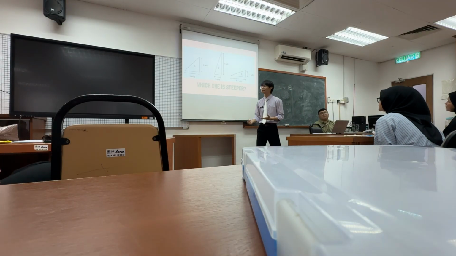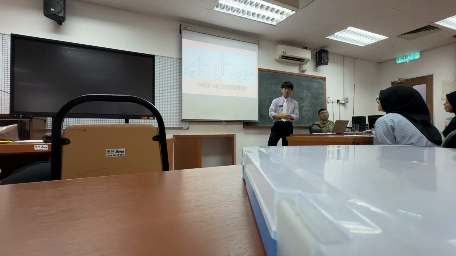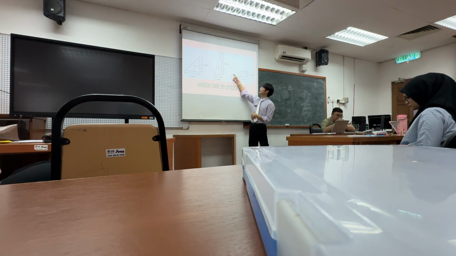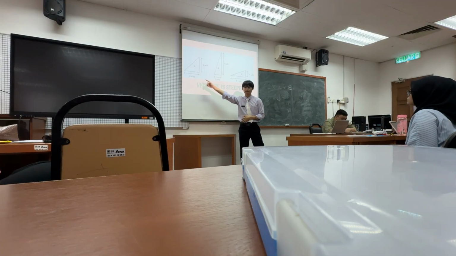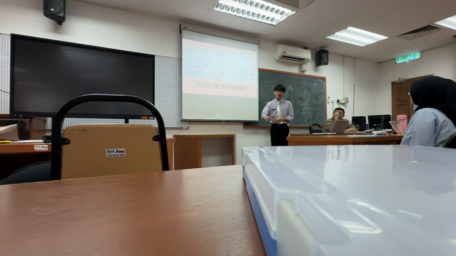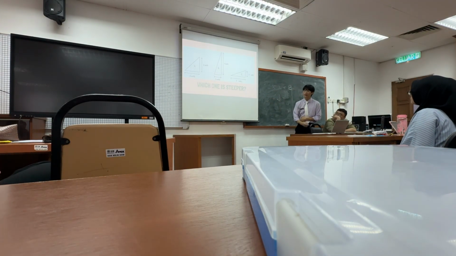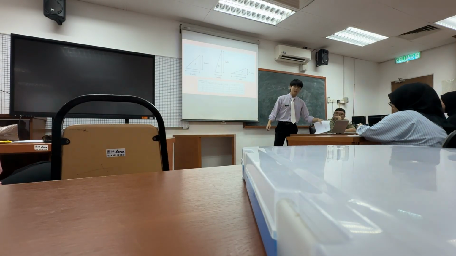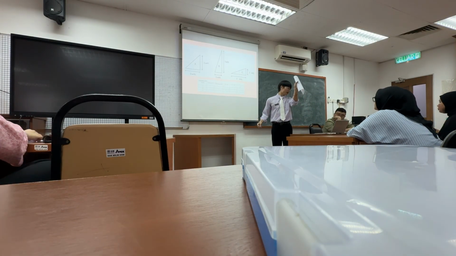In mathematics, of course, we want to describe everything with numbers. We want to find a way to describe the steepness of these three ramps, and that is what we are going to try to discover today. I've distributed this worksheet to you.